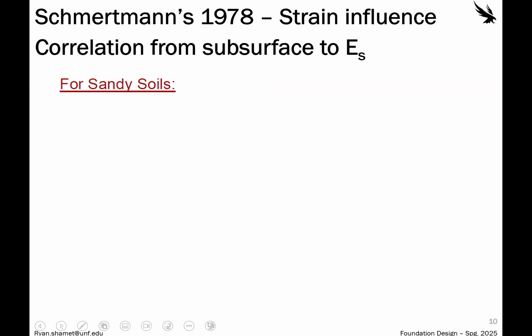So let's look at some of the most common types of correlations from subsurface testing for Young's modulus. For sandy soils, which is what we're going to be determining here for settlement because it's elastic settlement, we use a generalized function as follows.